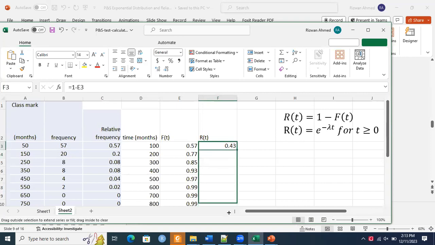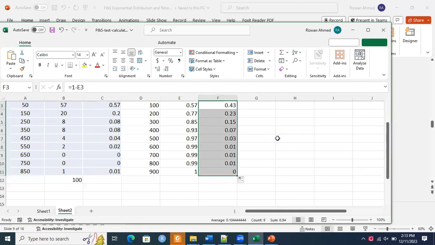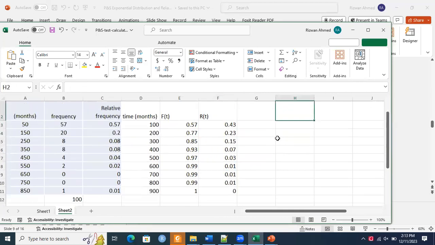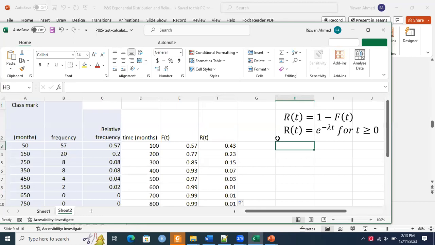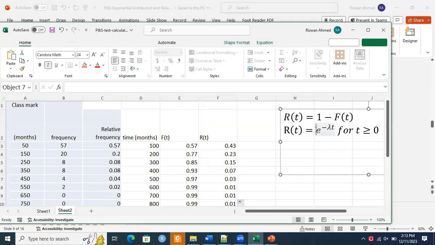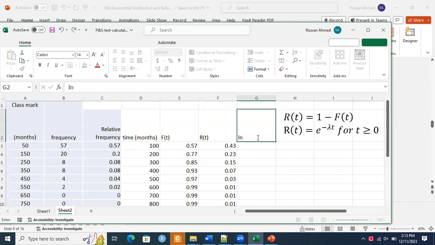So that is the complement of f of t. But this is very nice. If you plot the values with this one, it is very simple to get the relationship. So, for example, if I take r of t equal to e raised to the power minus lambda t. This is an exponential relationship. So if I take, for example, the log of r of t, this is equal to the natural log of this one.